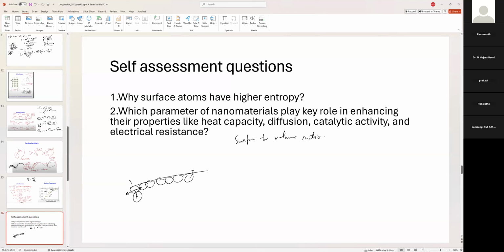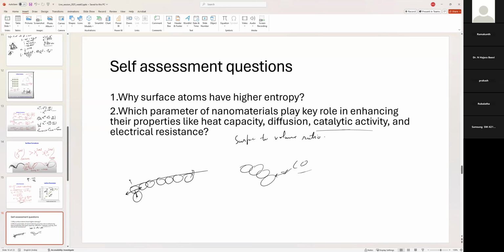Again, if you have a lot of atoms sitting on the surface, they are loosely bonded, so there is more catalytic activity. These atoms want to form bonds with other atoms. Suppose we have carbon monoxide, it would want to bond with the surface atom, thus promoting catalytic activity.